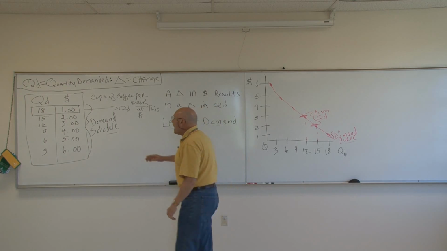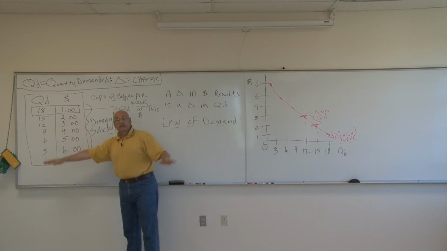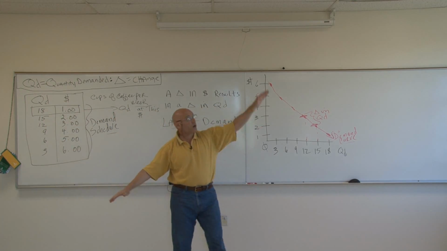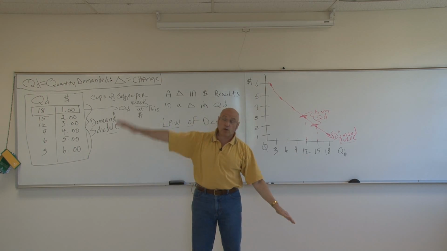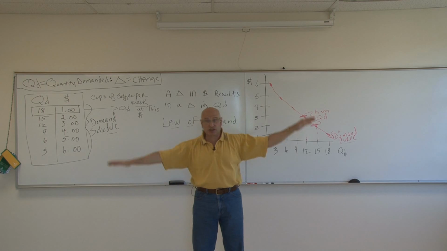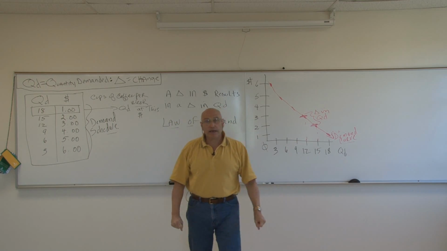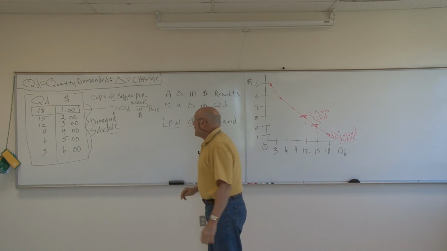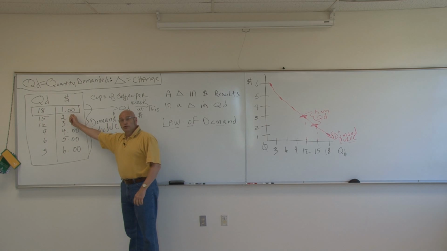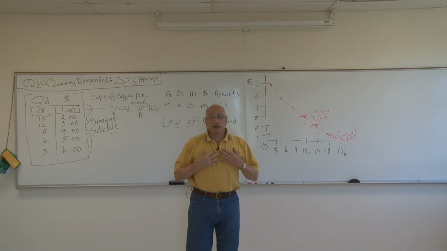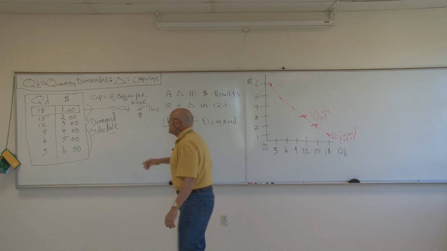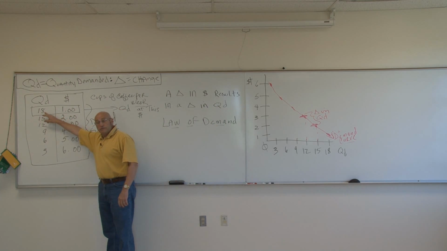Now, why do we have this inverse relationship, that if price goes up, my quantity demanded goes down, or if my price goes down, quantity demanded goes up? They work like a seesaw, if you want to think of it that way. The reason is this. If the price goes up to $2, that means that I have to spend more of my income to buy these extra 3 cups.